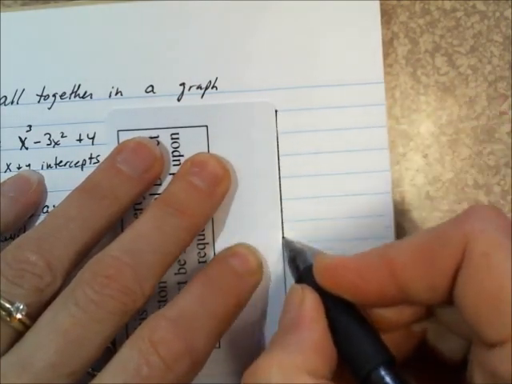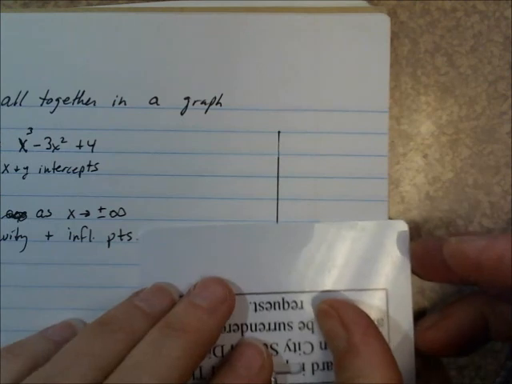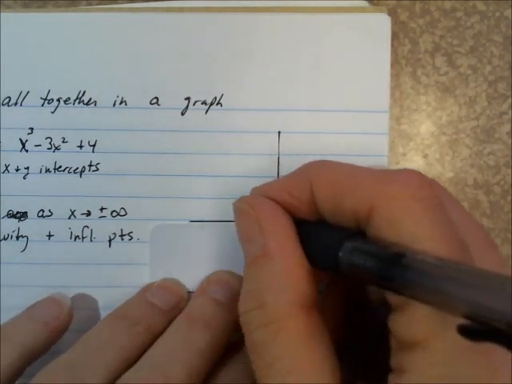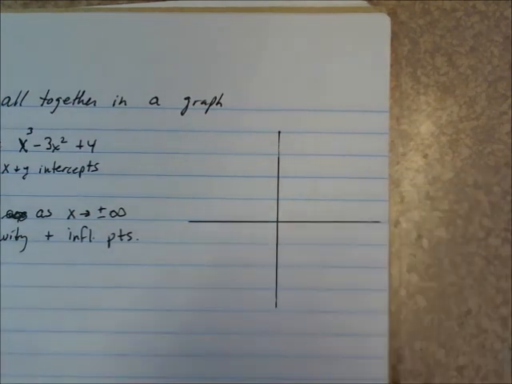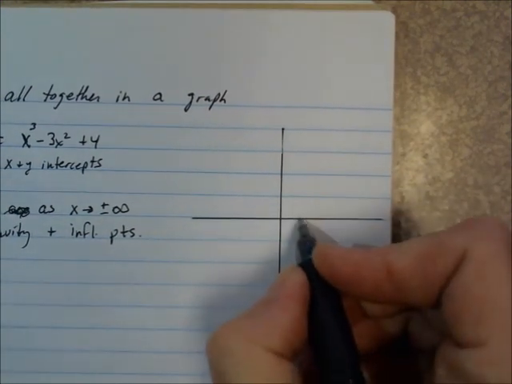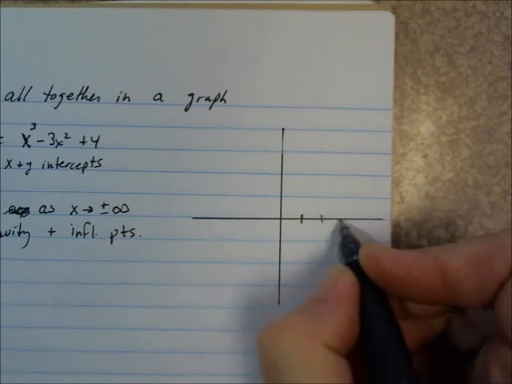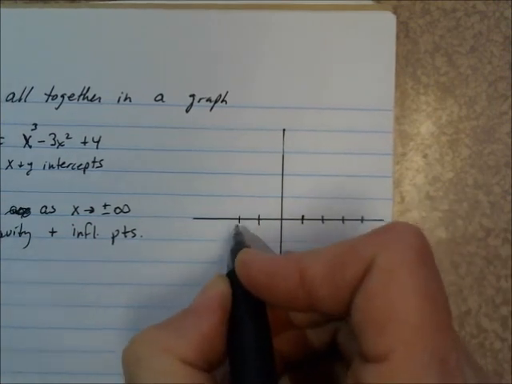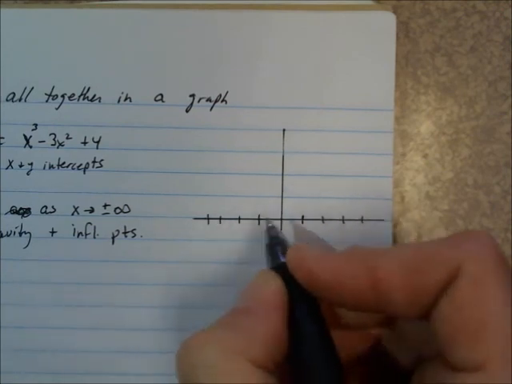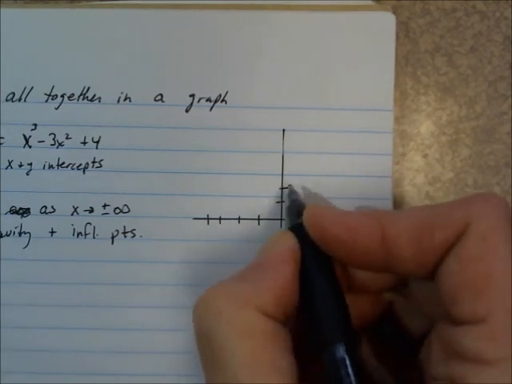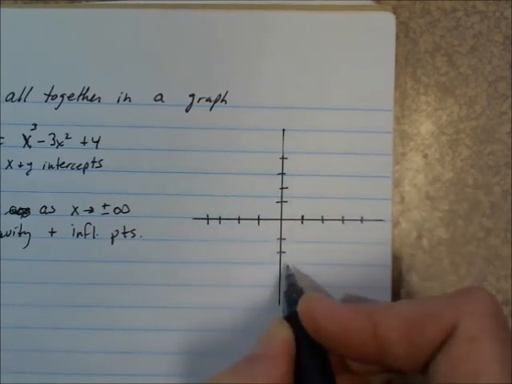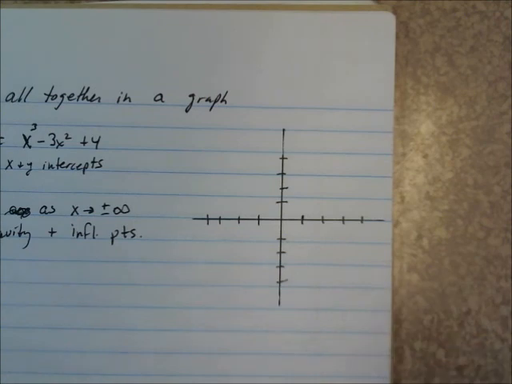So let's draw some nice x and y axes on here, and let's go out to 4 and back to -4 and up to 4 and down to -4. And if we need to add more tick marks, we will.